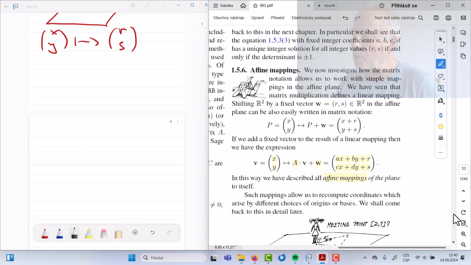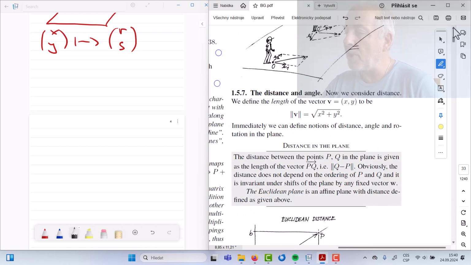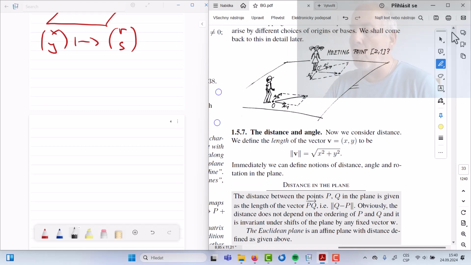And this corresponds to a very important thing because it tells us how it is with the coordinates I started with, right? Remember, I started with the coordinates, so in order to get coordinates we had to choose the origin, and we had to choose the basis, the two basic vectors.